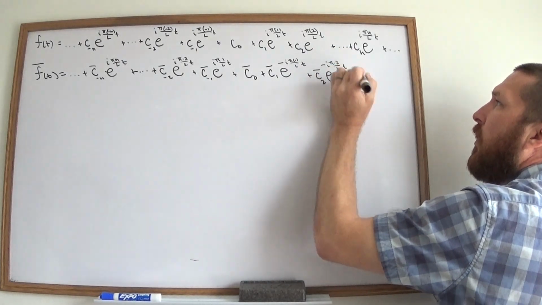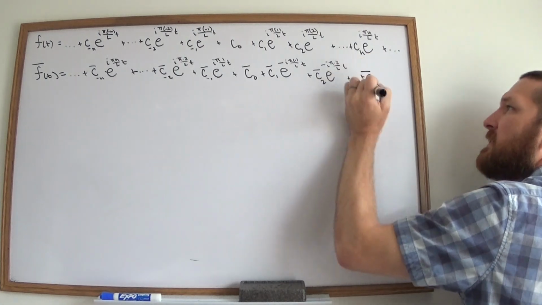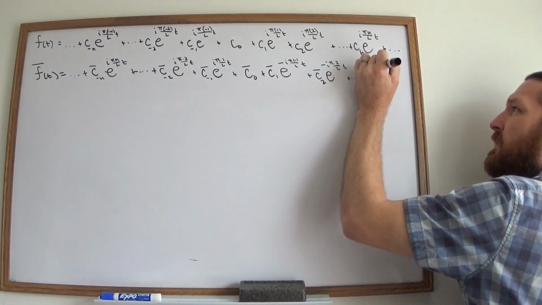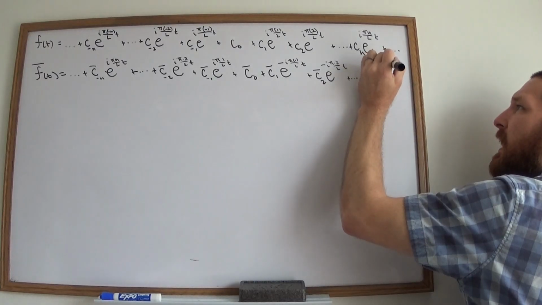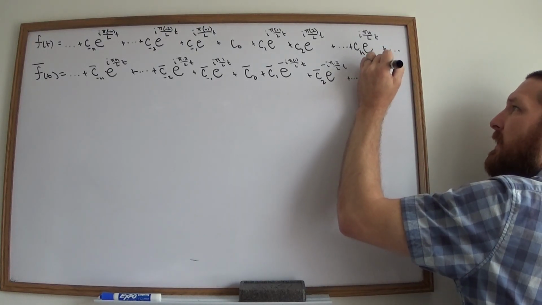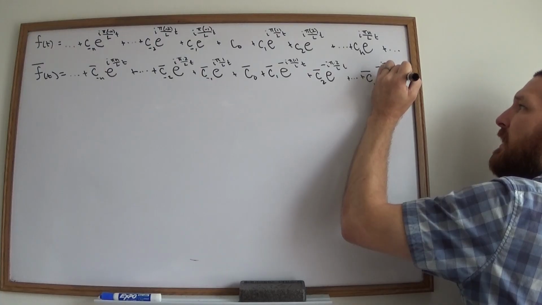And so on, all the way up to Cn, take its conjugate, and then take the conjugate of this, which makes that negative i pi n over LT, and so on.